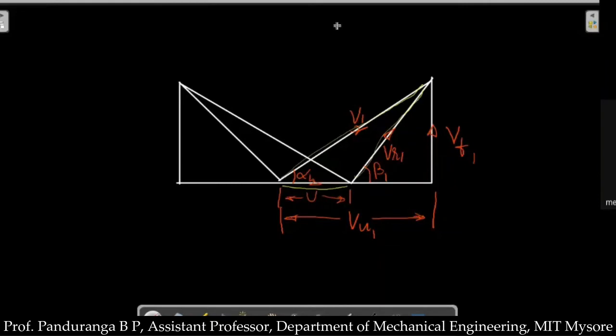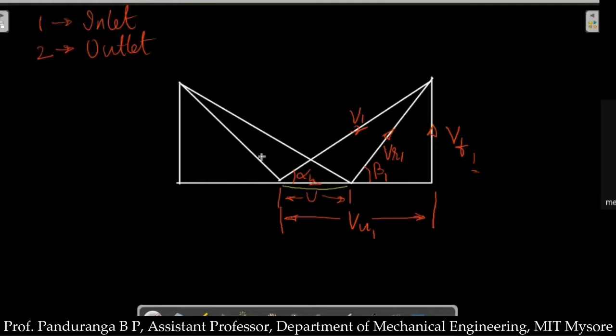These are the two triangles present at the inlet. The subscript 1 represents inlet, so 1 is always inlet and 2 is outlet. We need to remember this.